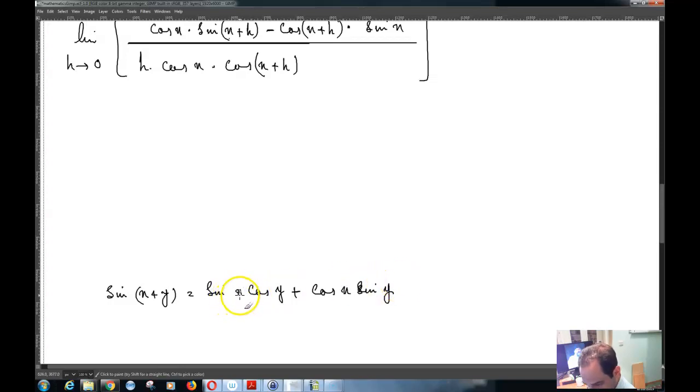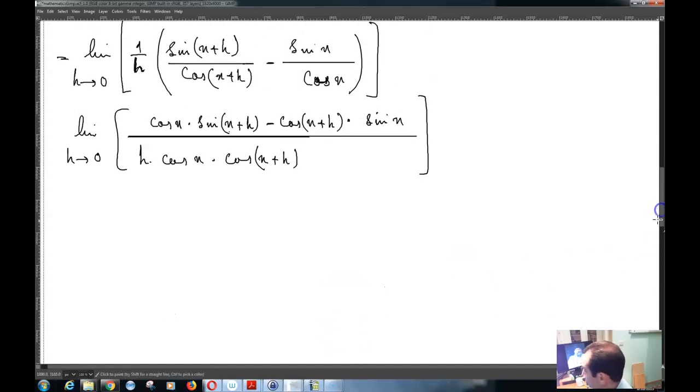Sine of x plus y is equal to sine x cos y plus cos x sine y.